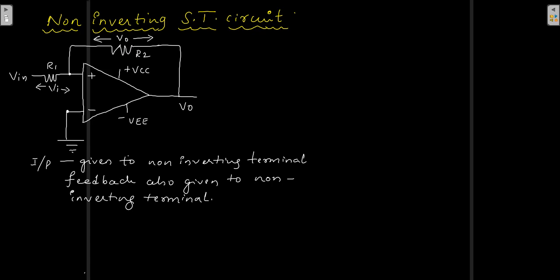Now let me draw the waveform here. I have the input waveform something like this, against time T. This is my V in here.